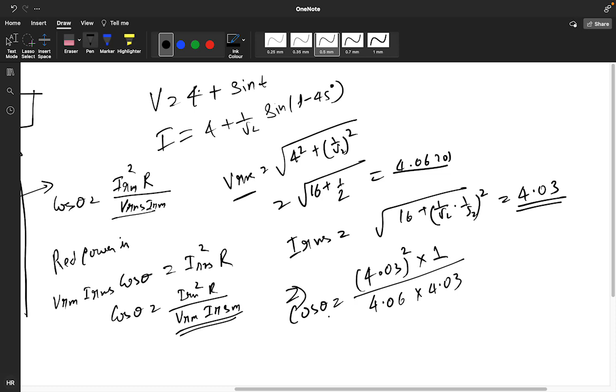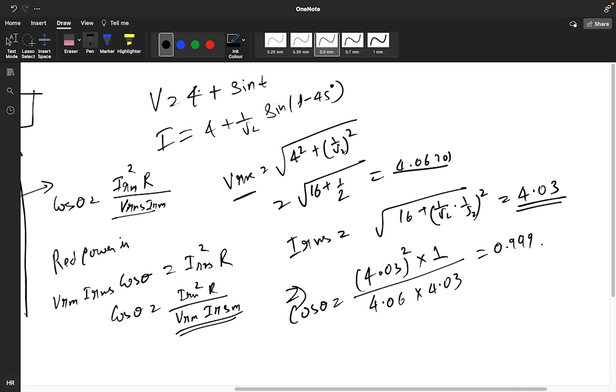4.03 square divided by 4.06 into 4.03. How much are you getting? 0.999 something.